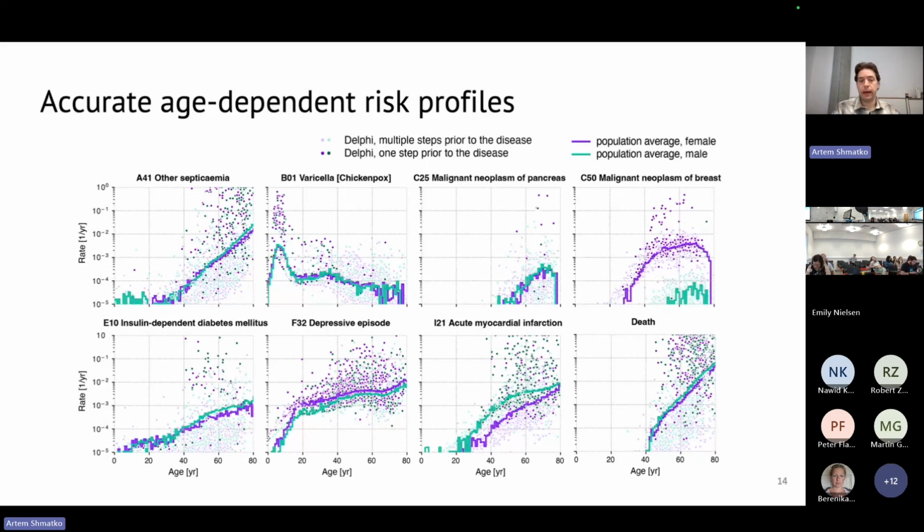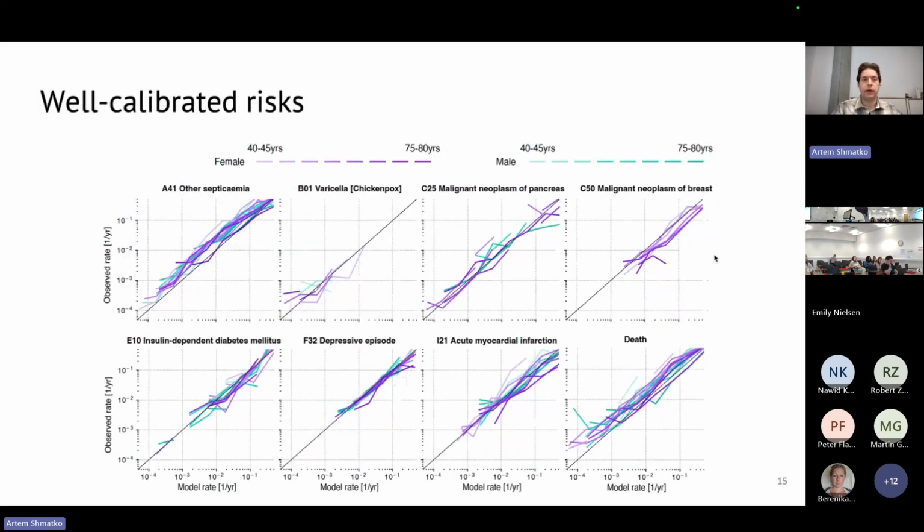In the very beginning, I started talking about how important it is to have balanced, well-calibrated risk for these disease prediction models. Otherwise, our large-scale population screening initiatives would not be as effective as one would hope. And it seems that Delphi is a very well-calibrated model.